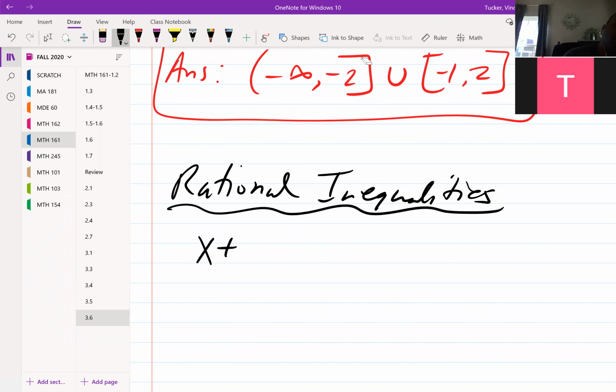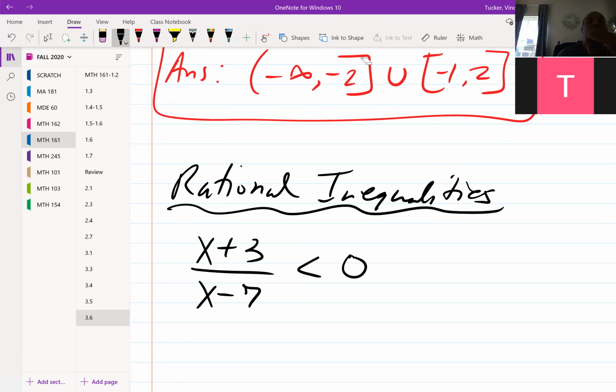Let's see, x plus 3. Let's go less than. Okay, so rational inequalities, the other type of problems you'll see in this section: x plus 3 over x minus 7 is less than 0.